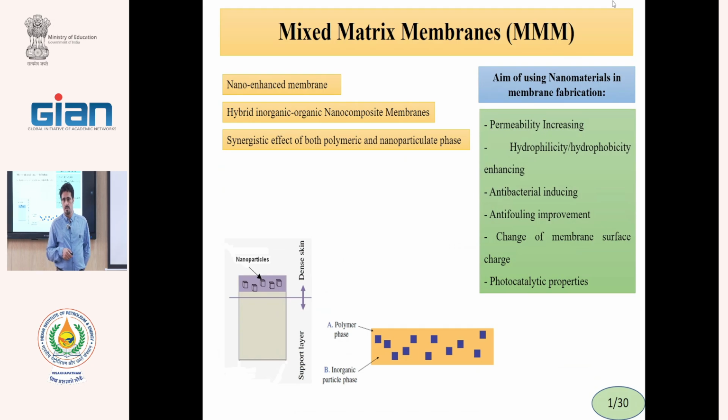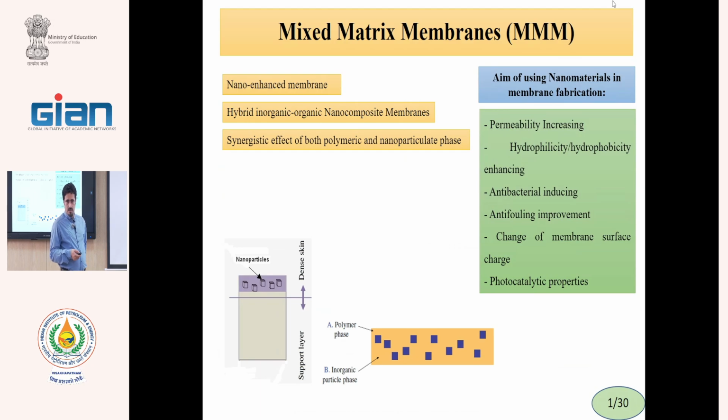We can change the membrane surface charge by coating the nanomaterials with high negativity or high positivity. Or we can add photocatalytic activity to the membrane. With mixing or coating of photocatalysts on the membrane surface, we can have a photocatalytic membrane.